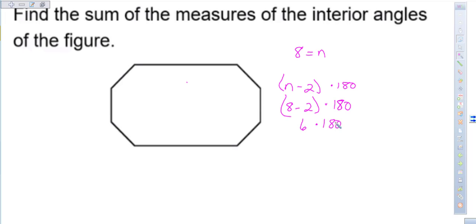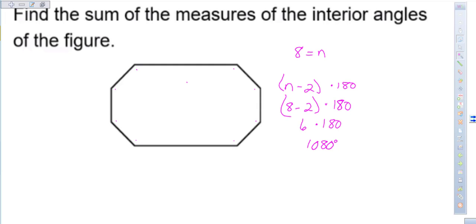And 6 times 180 gives me 1080 degrees. So if I measured all 8 of these little angles in here, they should add up to 1080 degrees. Okay?